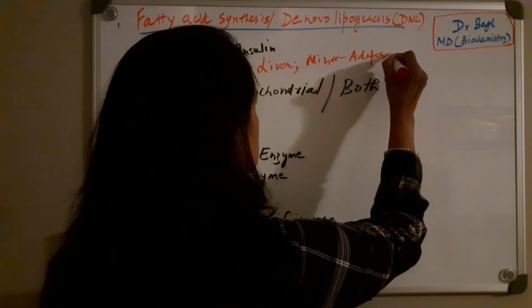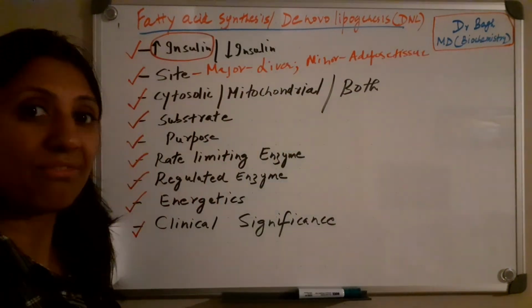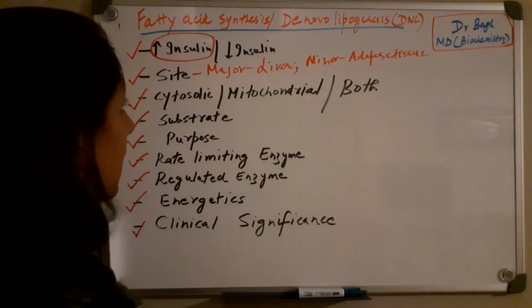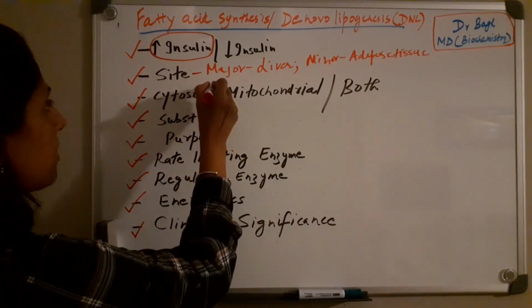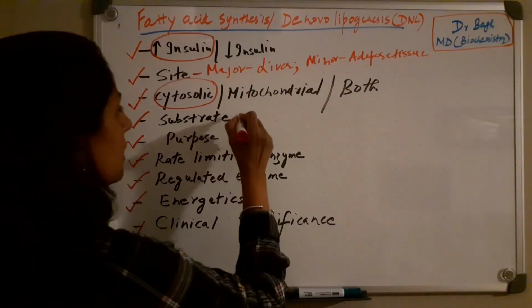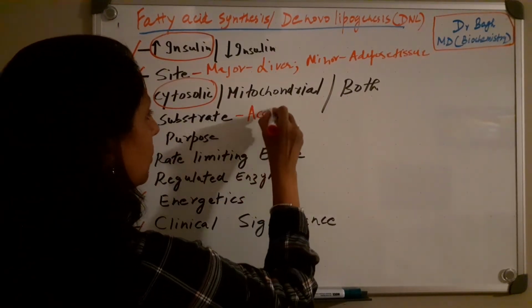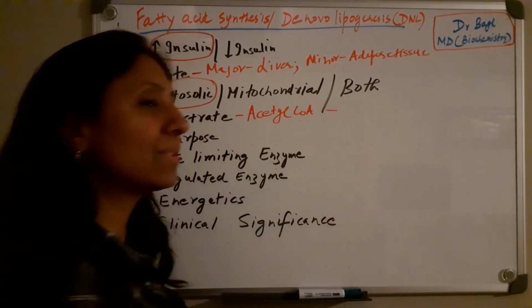Yes, we must know the site to know the tissue affected if something disrupts this pathway. Is it cytosolic? It is a purely cytosolic pathway. Substrate: the starting molecule of this pathway is acetyl-CoA. Now you must also know this fact.